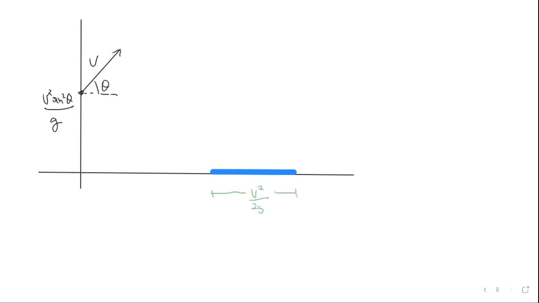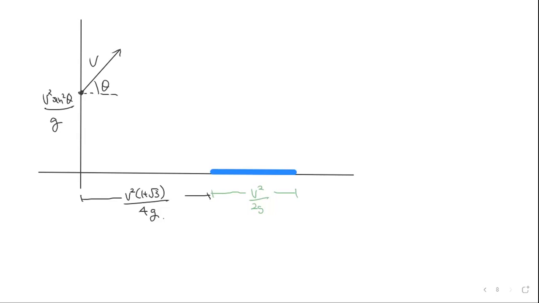Now we know that this distance here is v squared (1 plus root 3) over g. And that's all we're given for the moment.